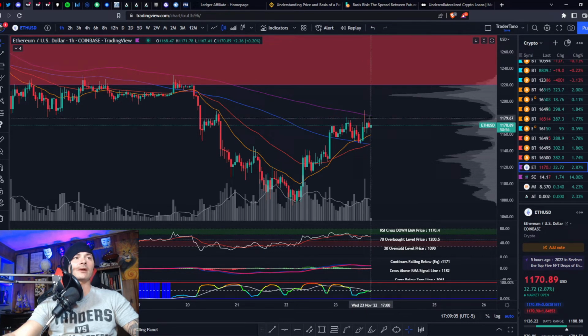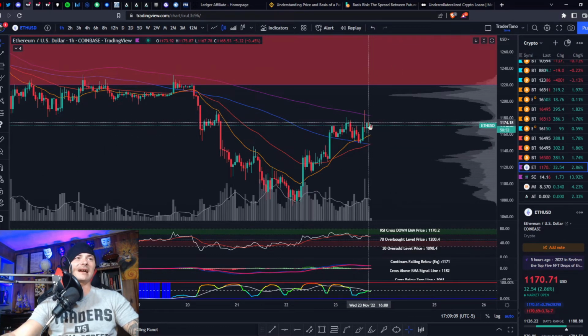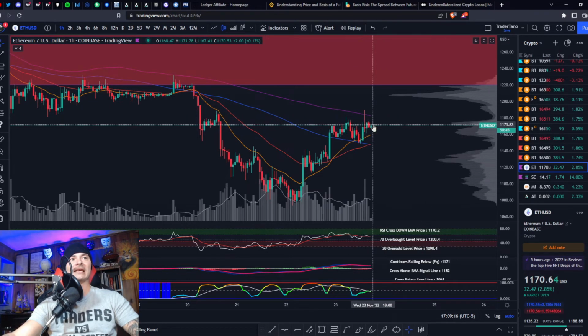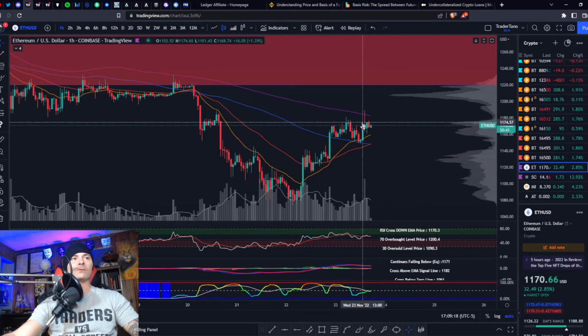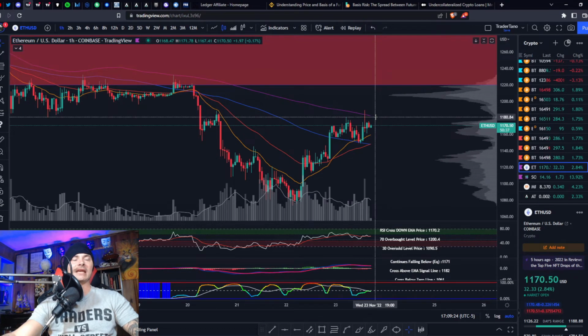So we do have a lower high, barely. I mean, by cents. So I really wouldn't think too much into that. We still haven't really, actually, we have not confirmed a high yet. I didn't notice that. We have not confirmed a high yet. So we still have a chance to make a higher high here, maybe come up to the 200 at 1180.